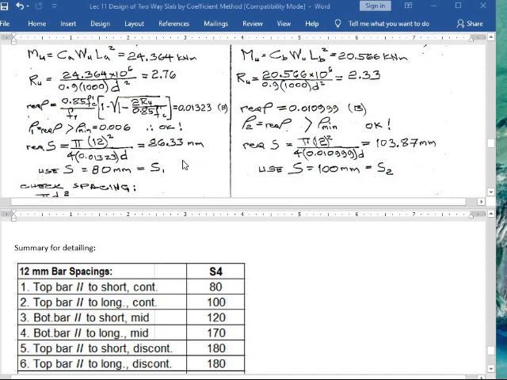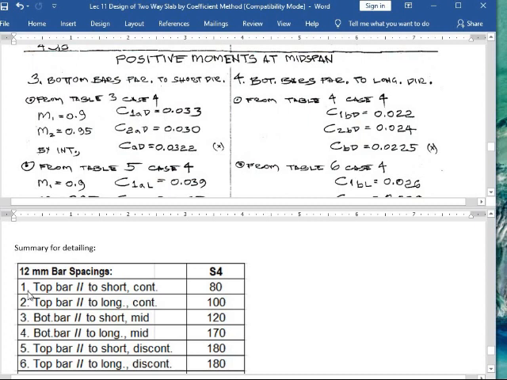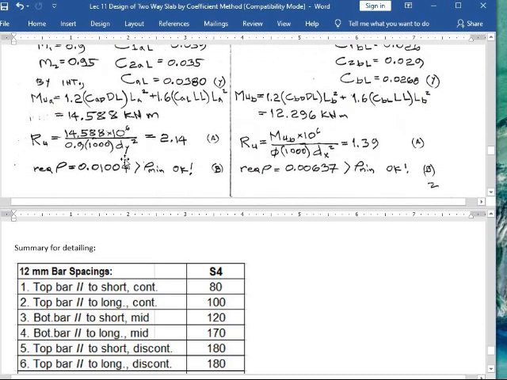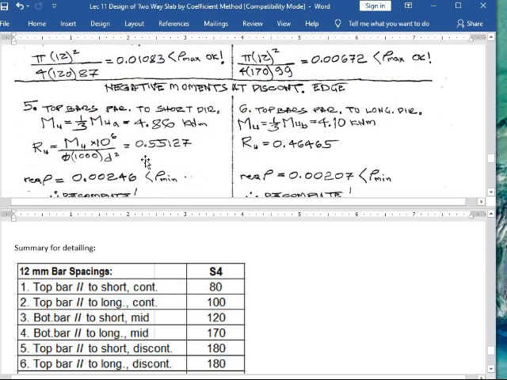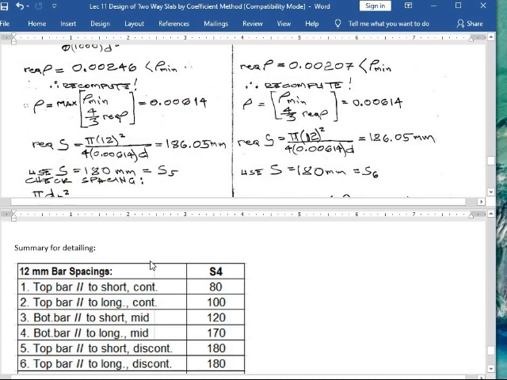Same thing with number 3, bottom bars parallel to the short direction at midspan. Your spacing S3 is 120. And then S4, 170. Then S5, that is the negative or top bar parallel to the short at the discontinuous edge, is 180. Likewise, S6 is also 180.